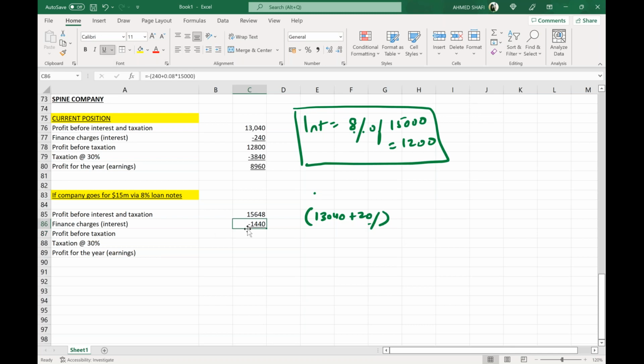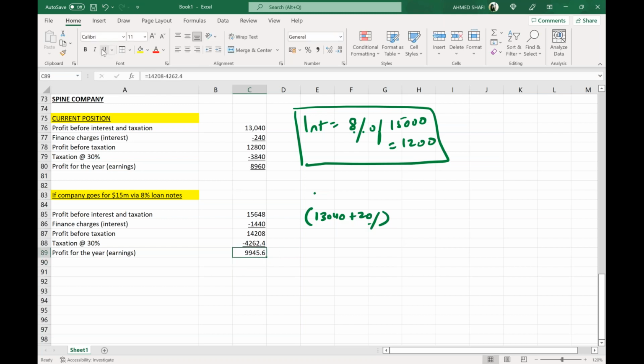So if you deduct it, you get PBT: 15648 minus 1,440, 14208. Then you have to pay 30% tax on it, and you get PAT earnings: 14208 minus 4262.4.